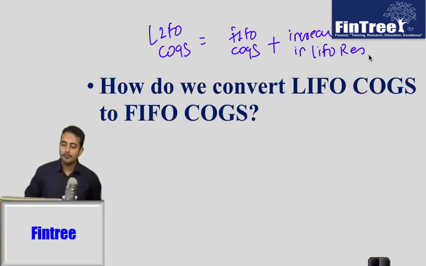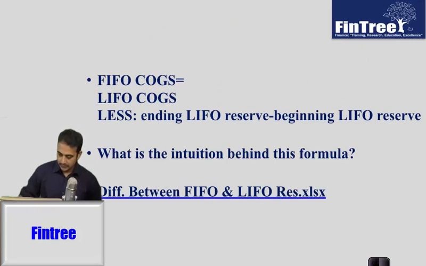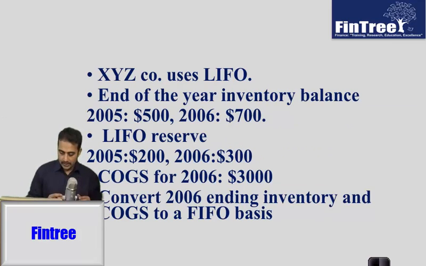So in our example, FIFO COGS was 150 and the reserve increase was 250, so 150 plus 250 would have given us 400. Let's go ahead. So what is the intuition? We have already seen this. Okay, see if you can do the question.